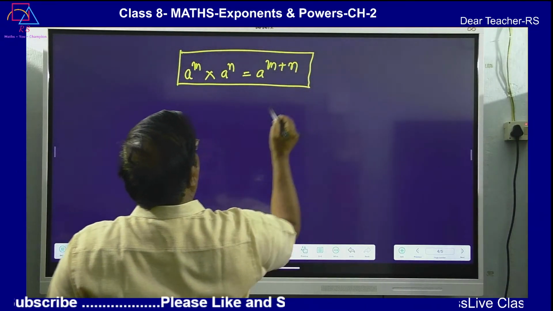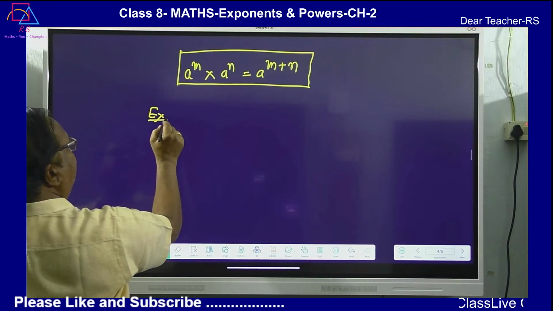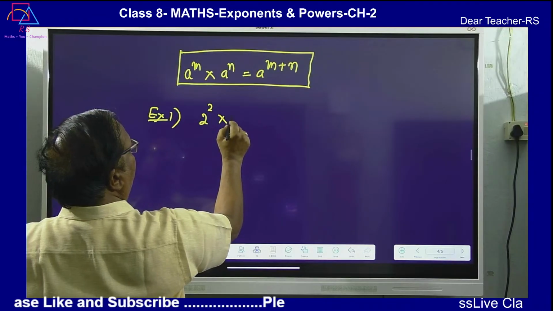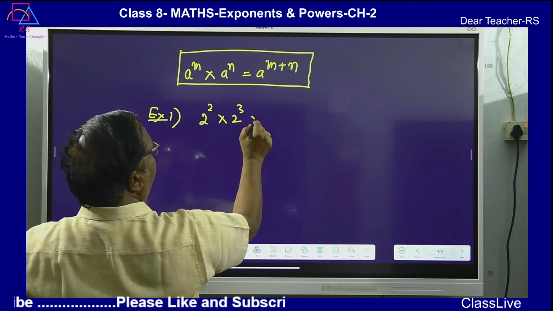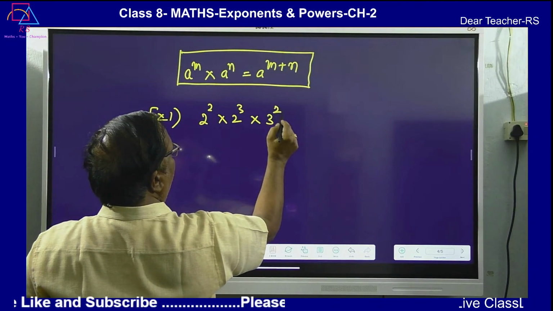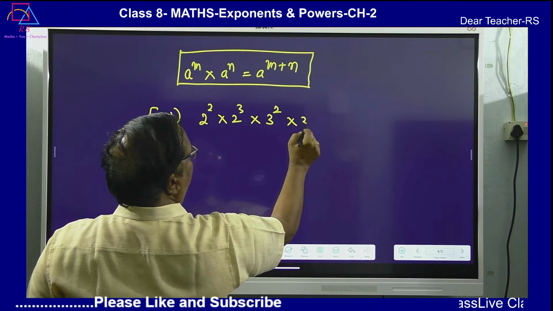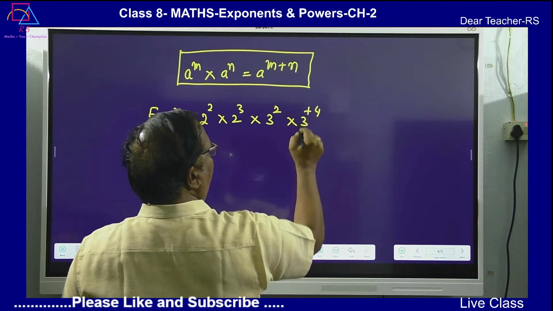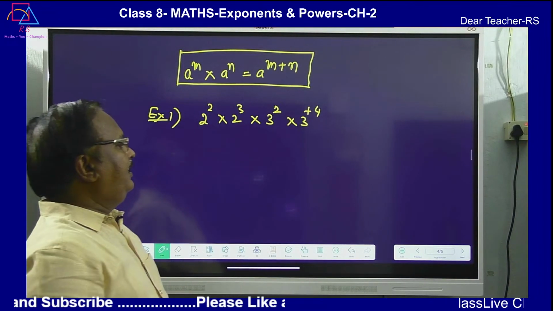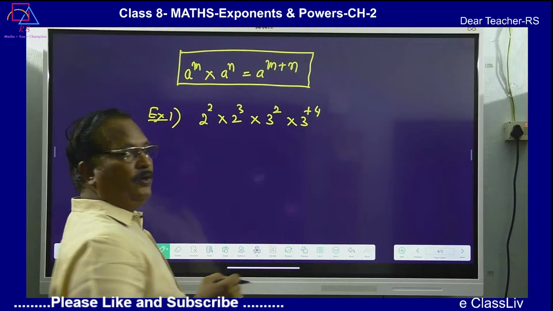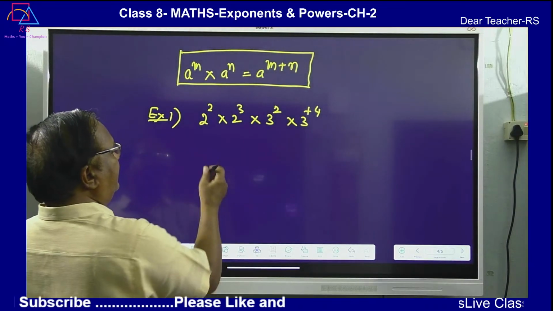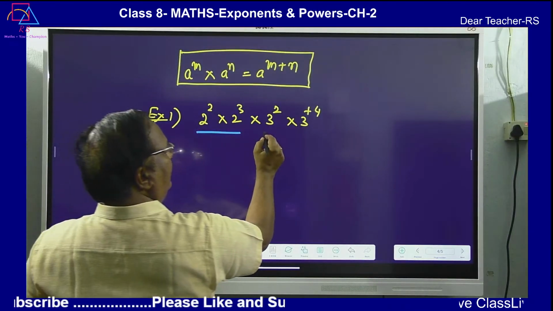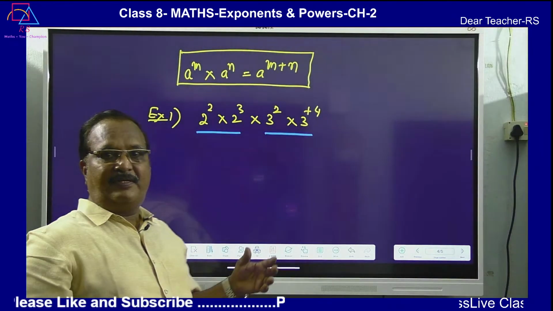So how to apply this? Let me take an example. 2 to the power of 2 into 2 to the power of 3 into 3 to the power of 2 into 3 to the power of minus 4, otherwise 4. So then how to do this? I have clubbed these: the first two are base 2, the next two are base 3.